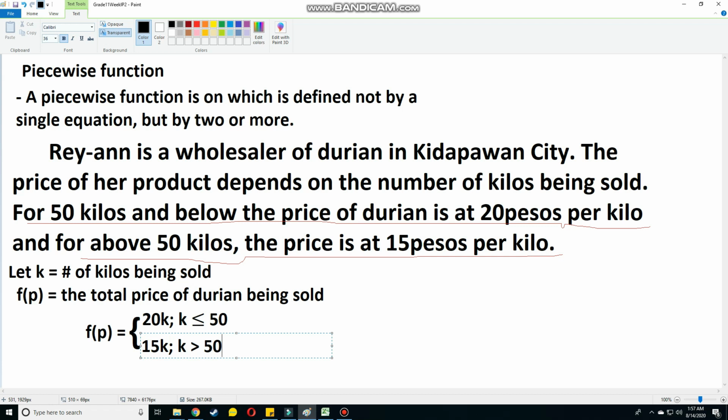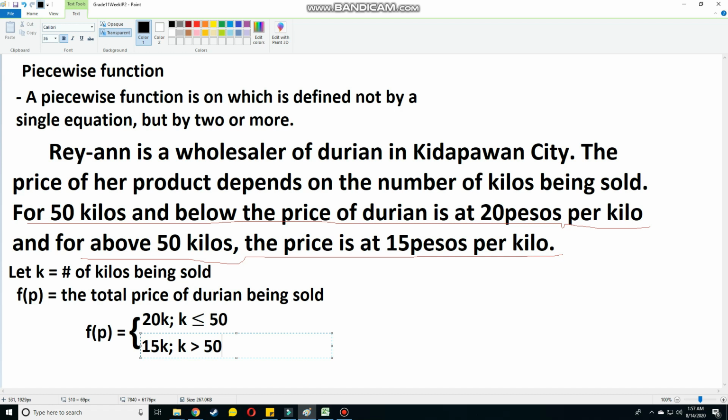Meaning, if you would buy a set of durian from Rayan, let's say 51 kilos, then it would only cost 15 pesos per kilo.